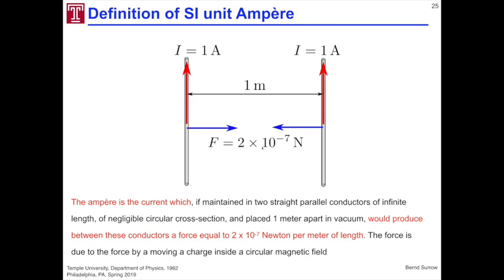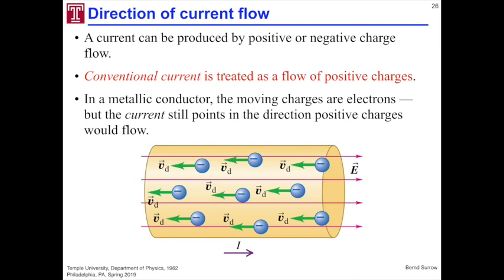So let me talk a little bit now about current flow. Generally, I show you here an illustration of a wire of a metallic, let's say copper material, for example, in the direction of an electrical field. And imagine you have here a higher potential to the left and a lower potential to the right here. So setting up an electrical field like that. Then normally what you would clearly see is that electrons would move towards the positive side.